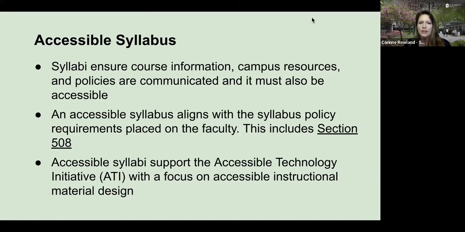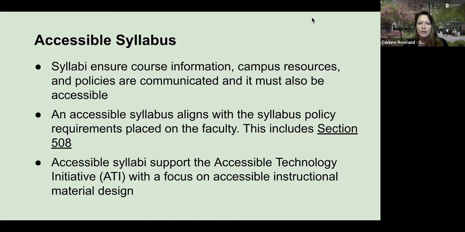An accessible syllabus ensures many things. For starters, it ensures the course information, campus resources, and policies are communicated in an accessible way. An accessible syllabus also aligns with the syllabus policy requirements placed on faculty.